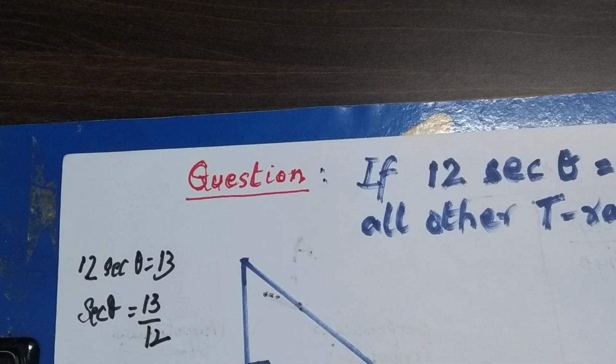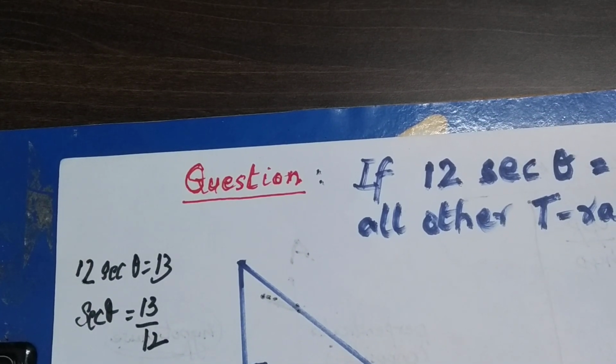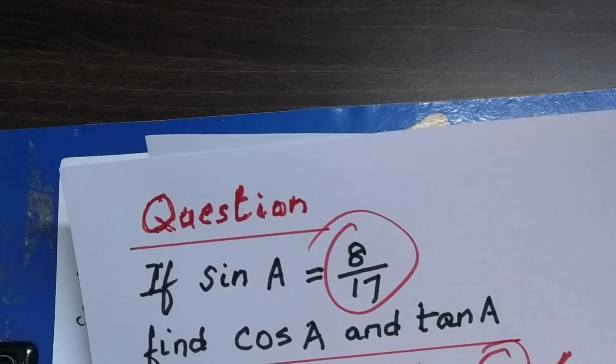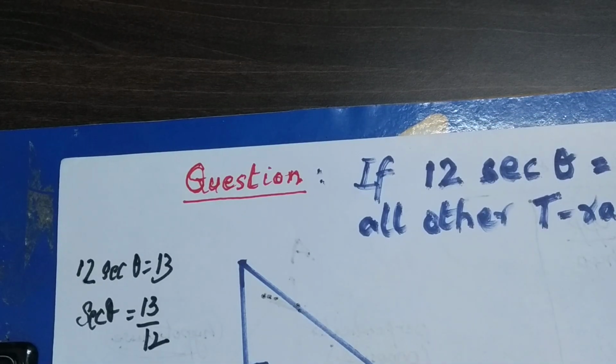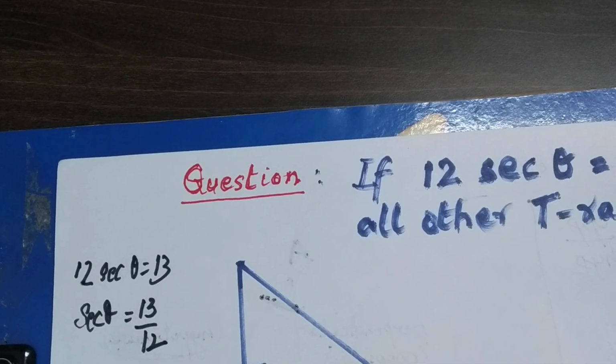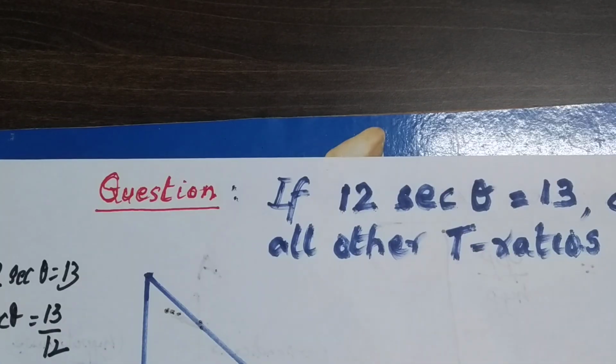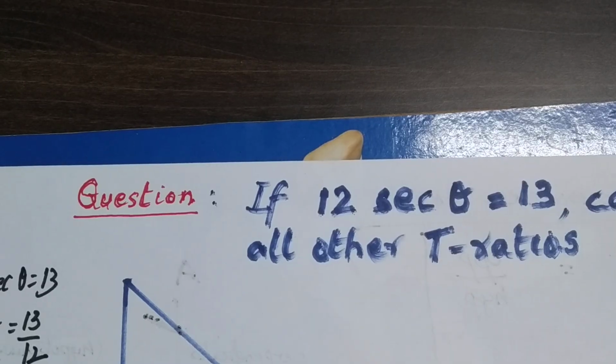So now this becomes the same pattern that we did last time for sine. If you remember, sine A or sine theta is equal to 8 by 17, which is a fraction, which is a ratio. Here too we have 13 by 12. So you just have to convert that to a fraction. So we'll get started.